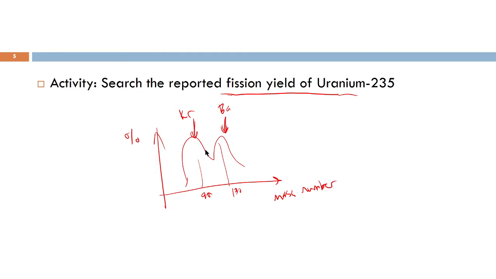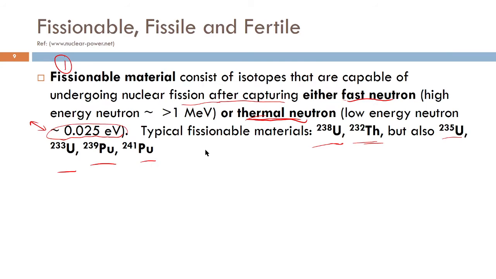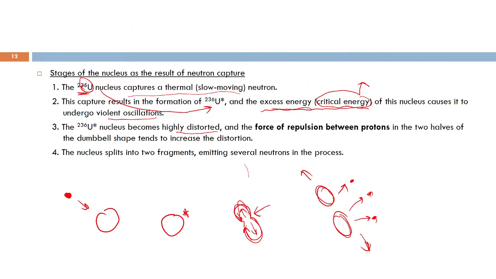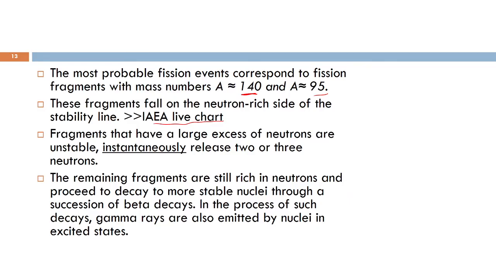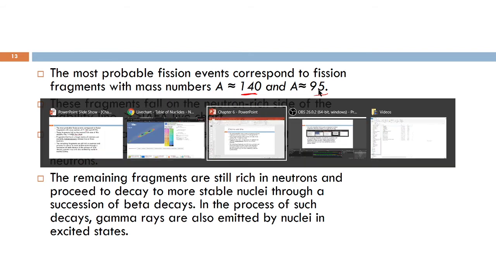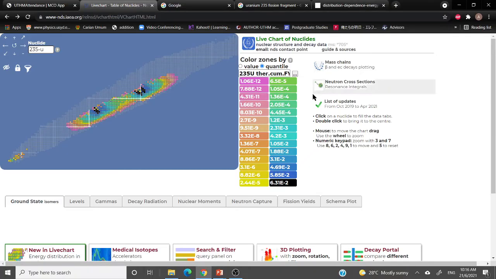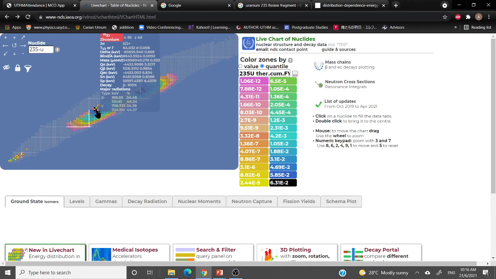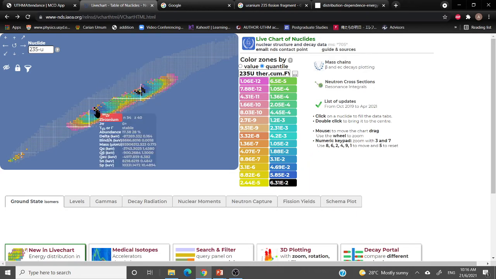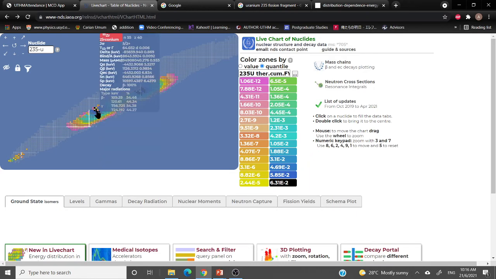But the IAEA live nuclide chart uses a different way of expression. So we can check that: A 140 and A 95. If you put your cursor over here, it's about 95, right? So 95, 93, 95, 94. So that's true.